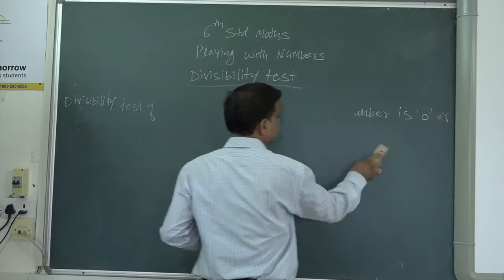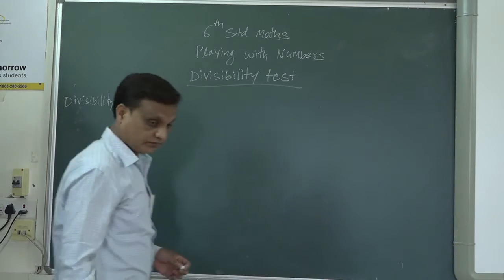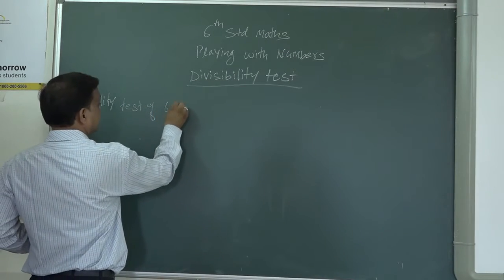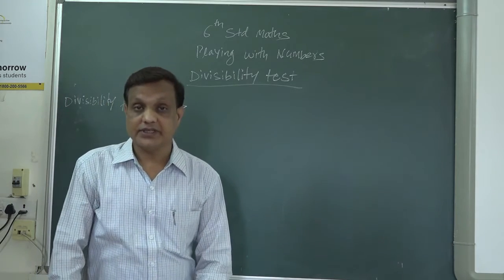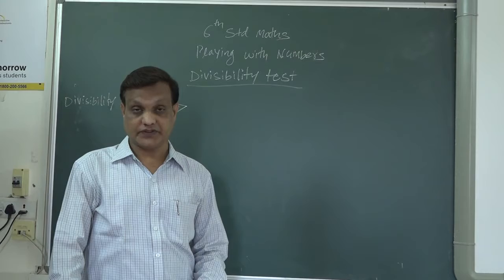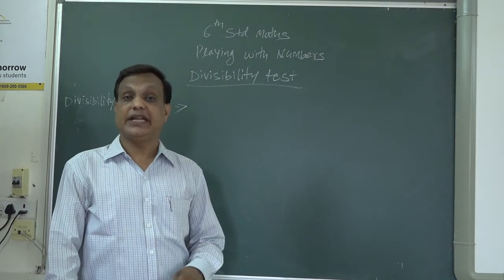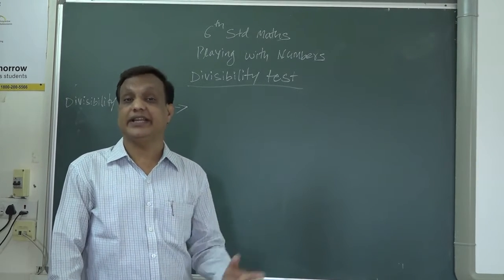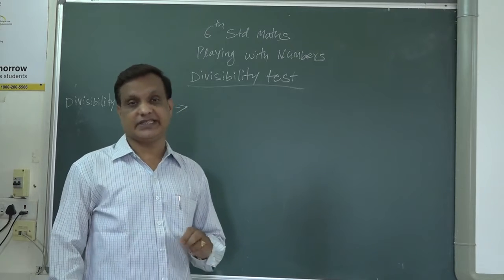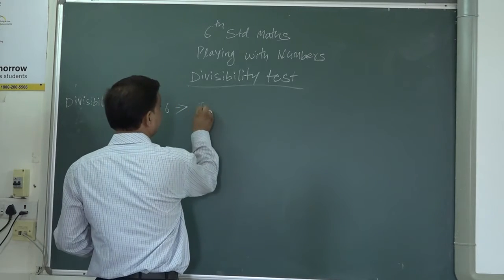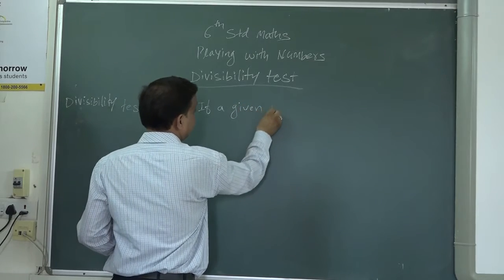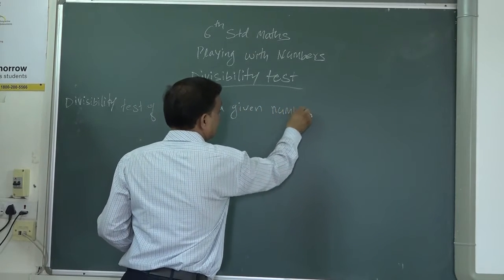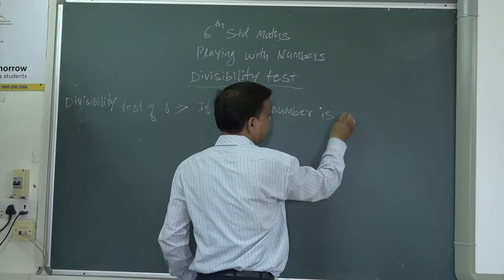Next, divisibility test of 6. The definition of the divisibility test of 6: if a given number is divisible by both 2 and 3, then that number is divisible by 6.